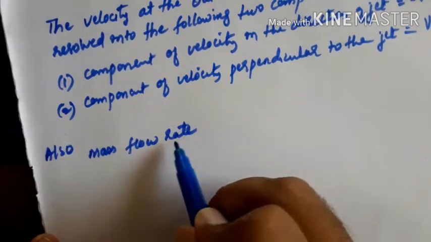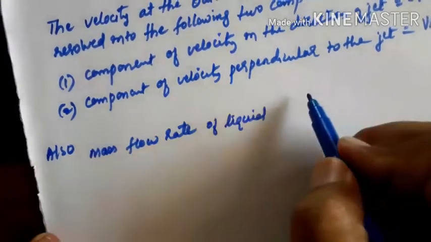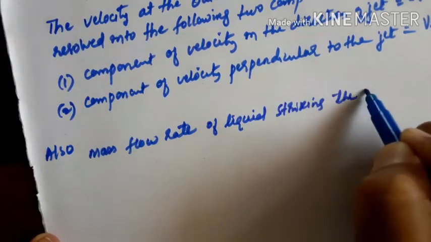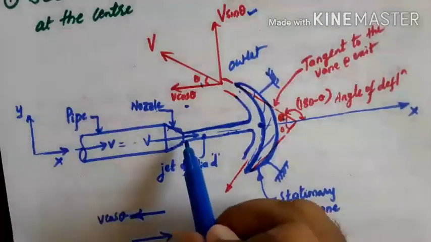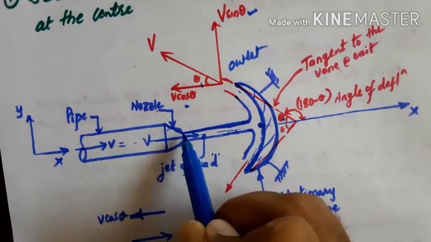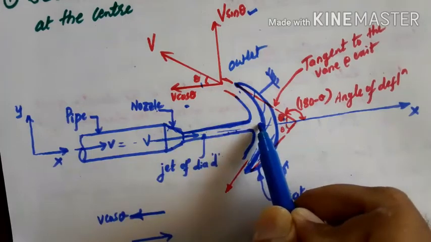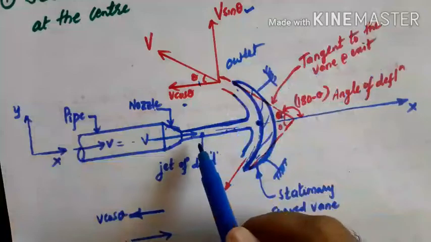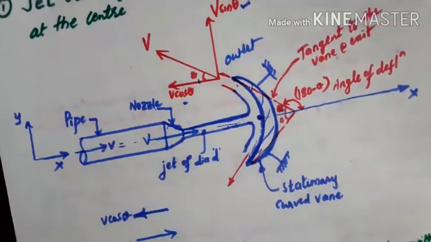Mass flow rate of liquid striking the vane means how much quantity of water is coming out of the nozzle. How many kg of water is coming out of the nozzle and striking the vane per second, that is called mass flow rate.